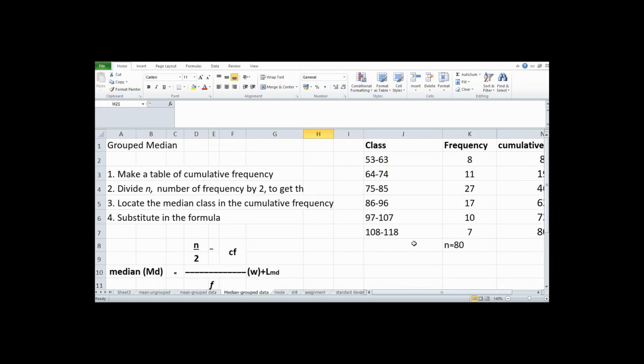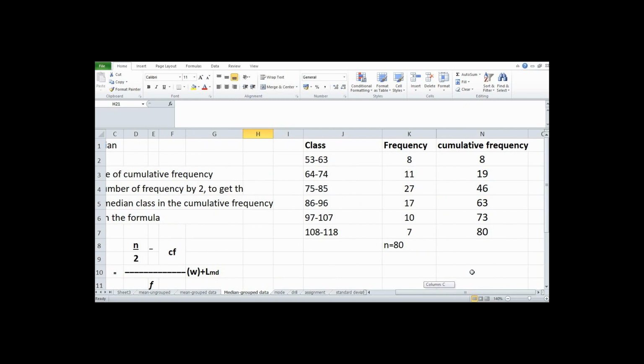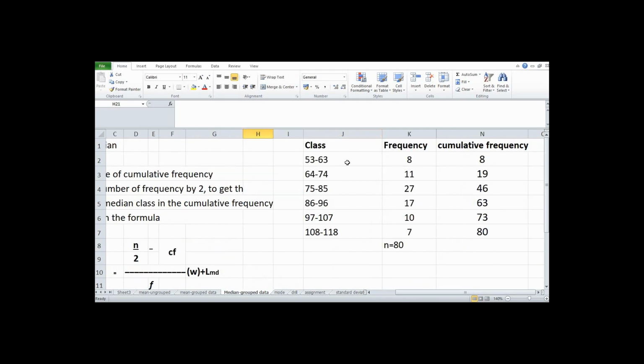I have here an example data, and I have also here the steps on how to solve for the median for group data. Here is an example of classes, and here is an example of the frequency.